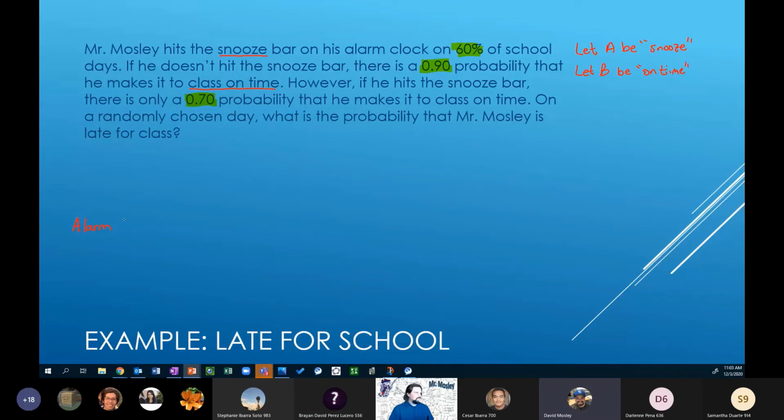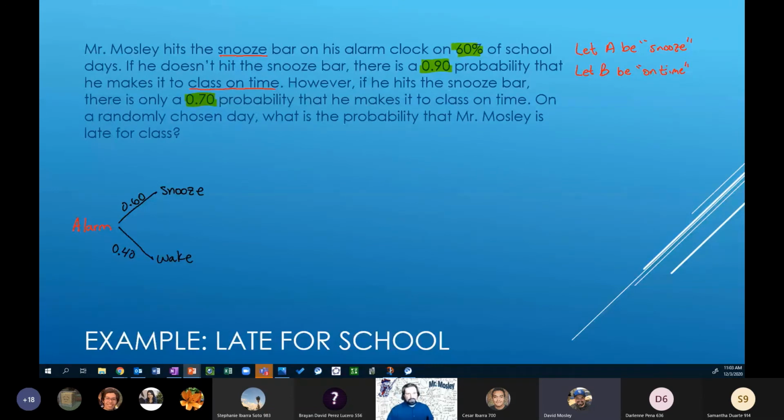Mr. Mosley is either going to hit snooze or wake up. Those are the two options. The probability I hit snooze is 0.6, meaning there's a 0.4 probability that I wake up.